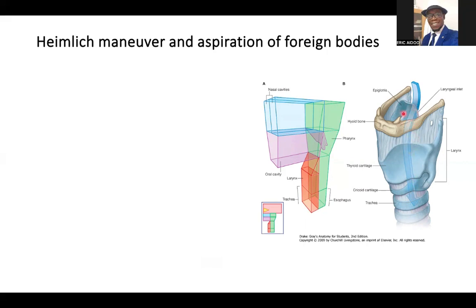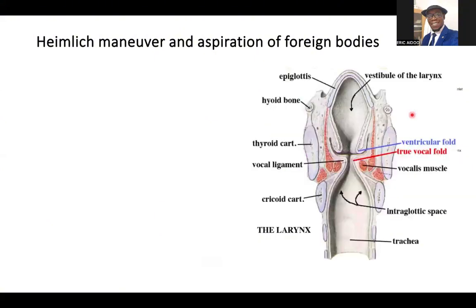But usually it is lodged within the vestibule of the larynx. It hardly gets into the trachea unless it is very, very tiny, and then it can get lodged there. But usually it will be lodged here, where you have the vestibule of the larynx.